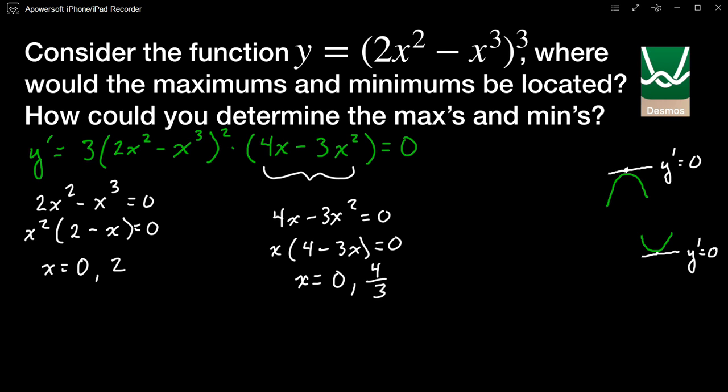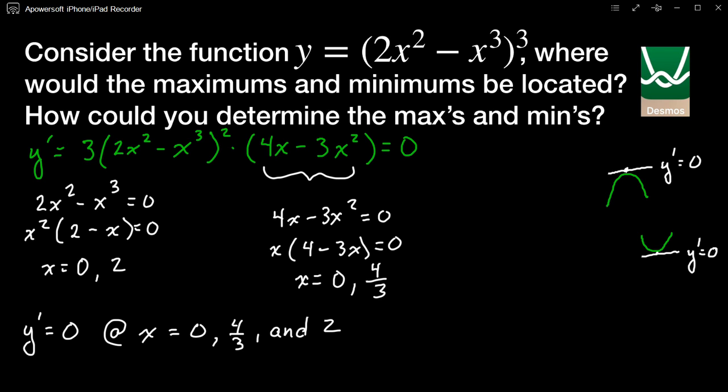So what that means is that our derivative is going to equal 0 at x equals 0, and that was on both of them, so we just write it once, 4/3, and 2.